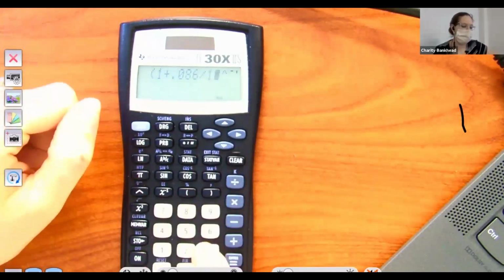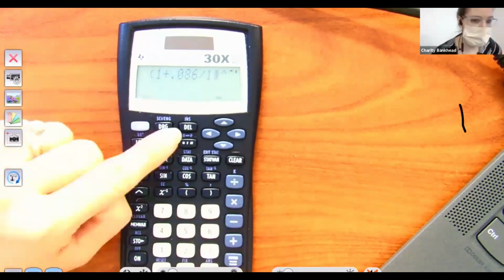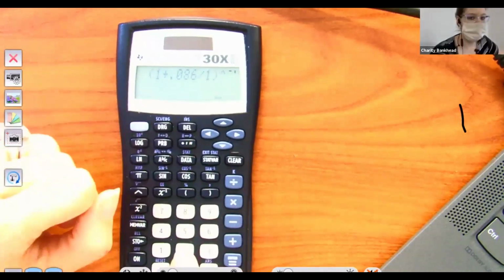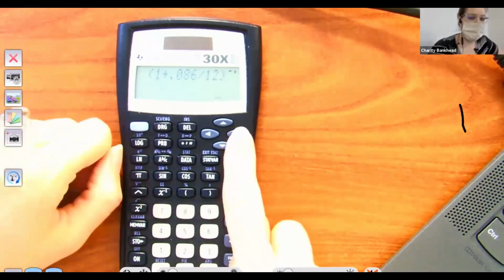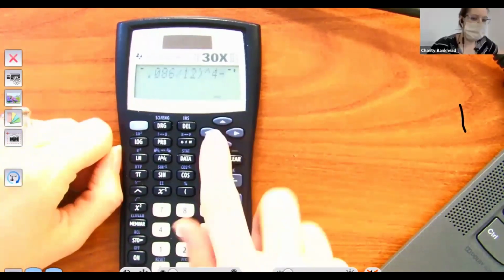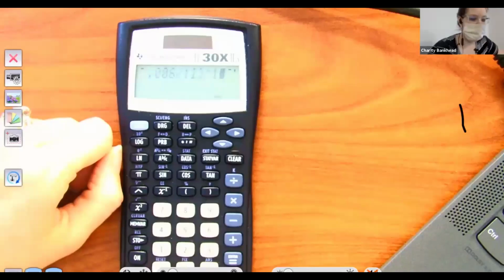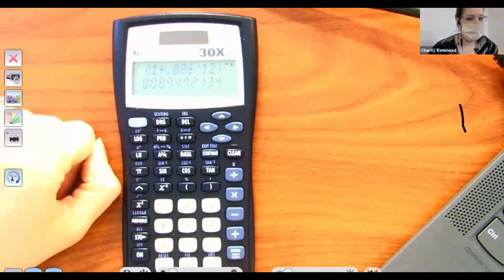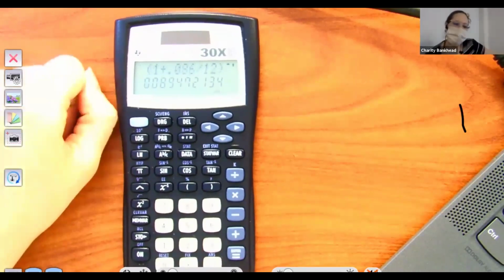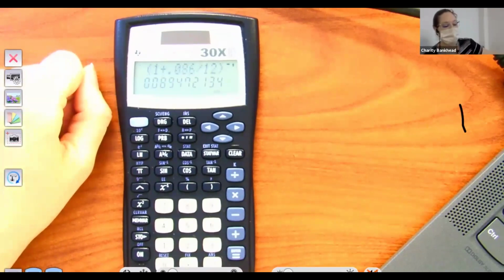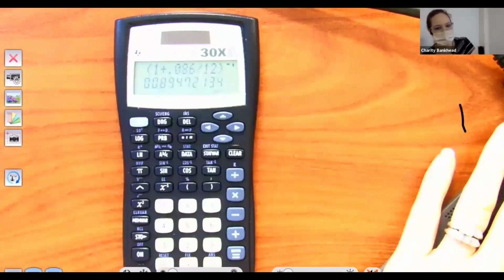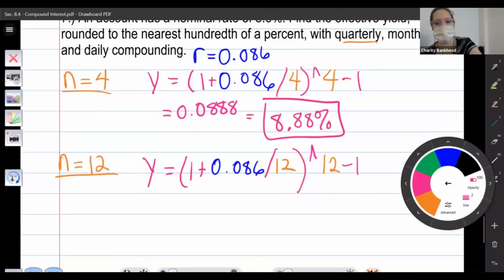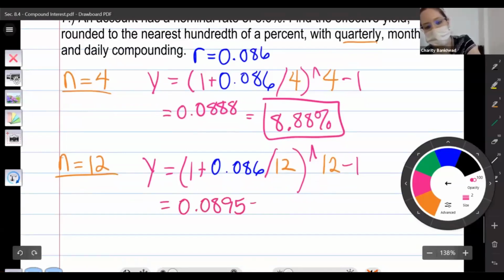So like I can type a 1 over the top of the 4, and then I can press second insert to insert the 2. So that's just an option if you wanted to do it that way. So that gives you 0.0895. So that's 8.95%.